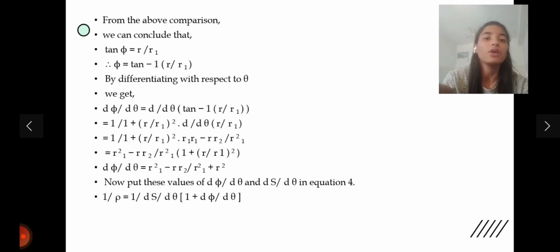Now put these values of d phi by d theta and ds by d theta in equation 4 and we get 1 by rho is equal to 1 by (ds by d theta) into (1 plus d phi by d theta).